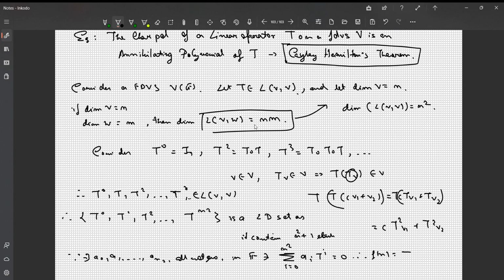We just consider the polynomial f(x), the sum over i from 0 to n squared of a_i x to the power i, with these as the coefficients. It is an annihilator of T, right? Therefore, T has a finite degree annihilator. And this helps us conclude that the annihilator has a monic generator, the least degree monic generator.